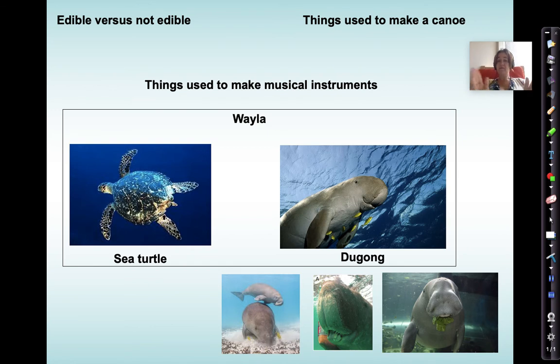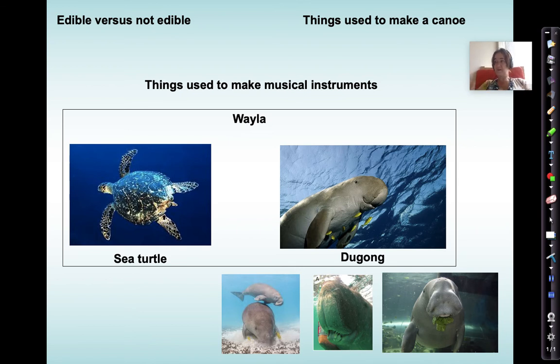Even though nowadays, for our classification scheme, we would see sea turtles as leatherbacks, green sea turtles, a bunch of different ones, they just had one sea turtle.